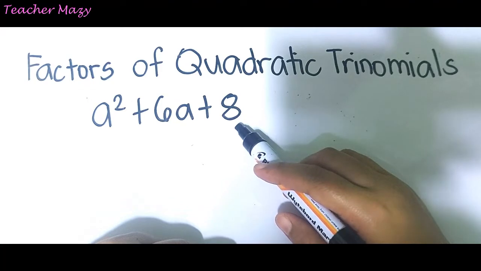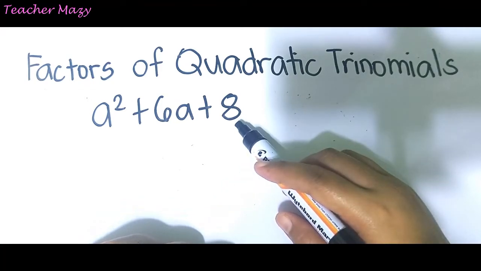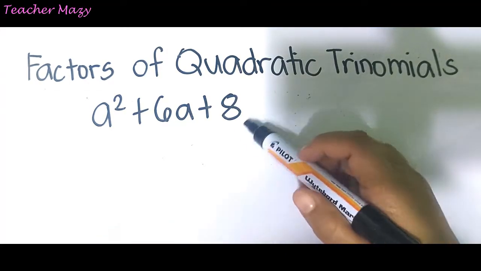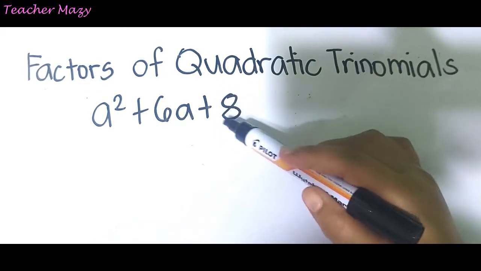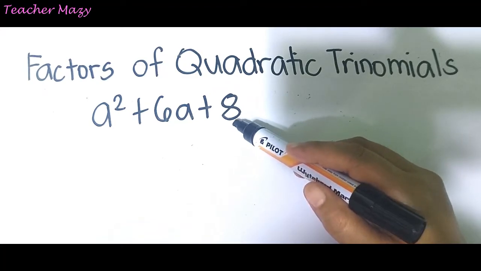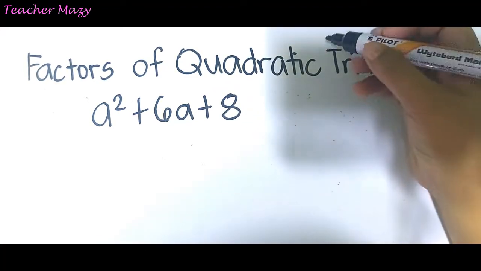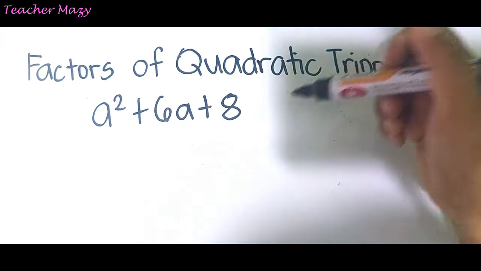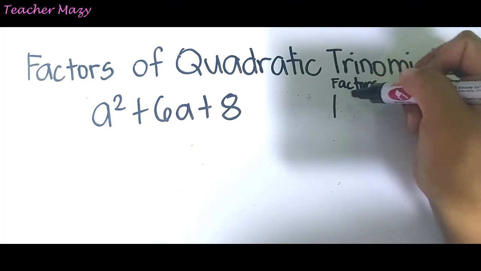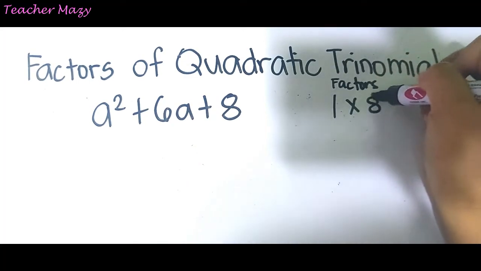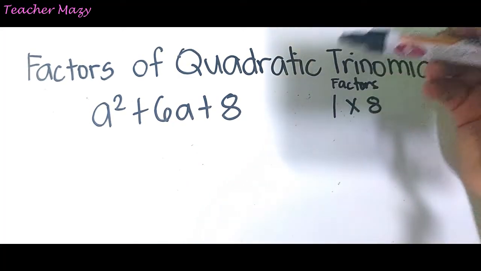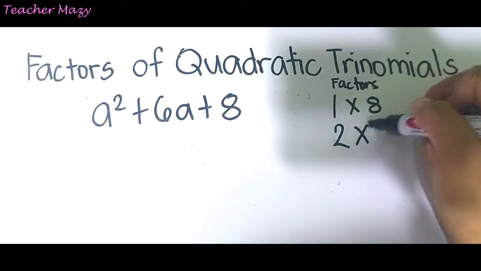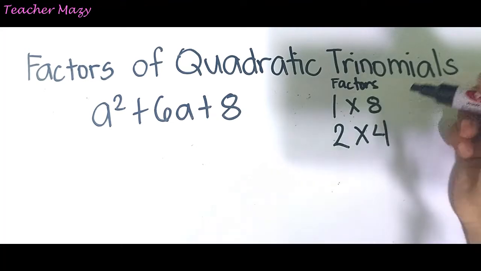Let's list down the different factors of 8. When we say factors, these are the numbers that when you multiply are equal to another number, which is 8 in this case. The factors of 8 can be 1 times 8, that is equal to 8, or 2 times 4.